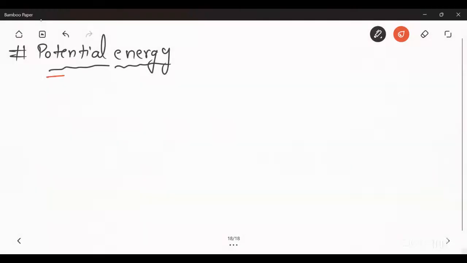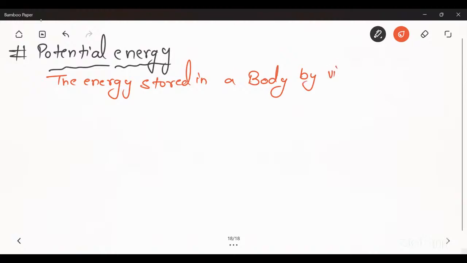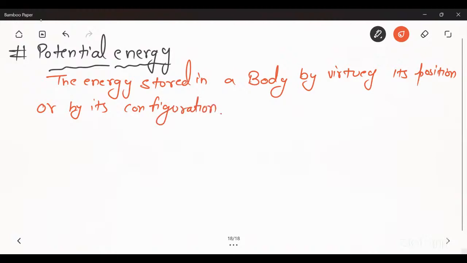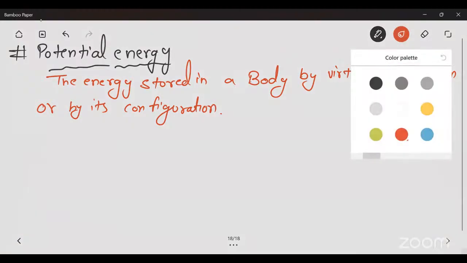So the energy stored in a body by virtue of its position or by its configuration. Okay.